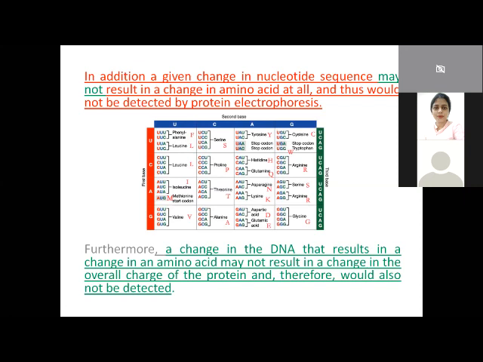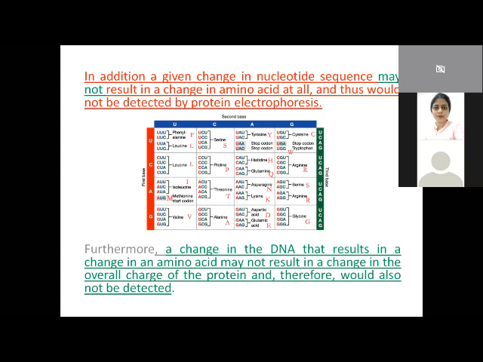Their sequence is not the same, but it is coding the same amino acid. So variation exists at the nucleotide sequence level, but we are not able to detect it by protein electrophoresis. So we are not able to detect this variation by allozyme analysis or protein marker analysis.